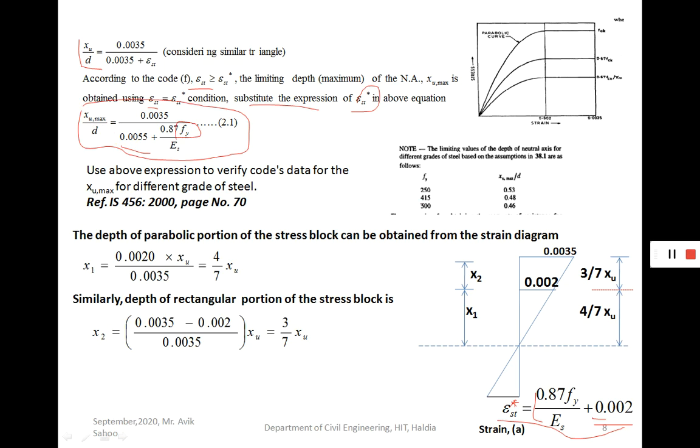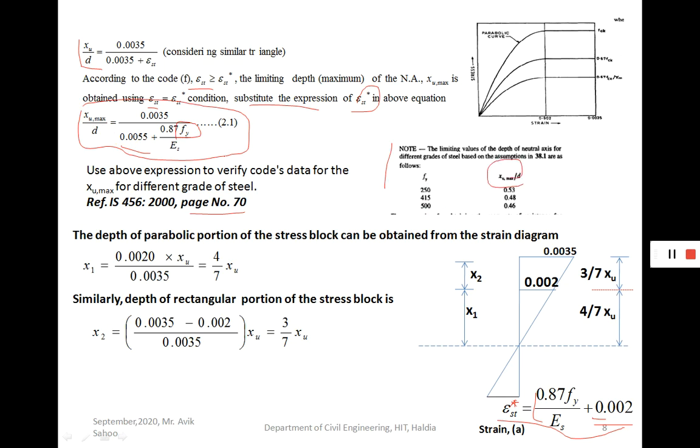Here in IS 456:2000, go to page number 70, and you see the note: for the different grades of steel, xu max by d values are given.